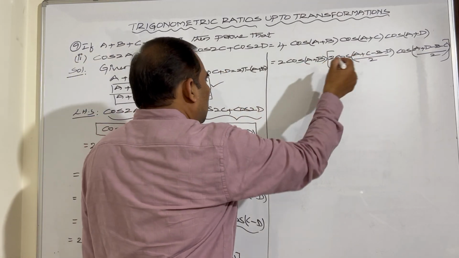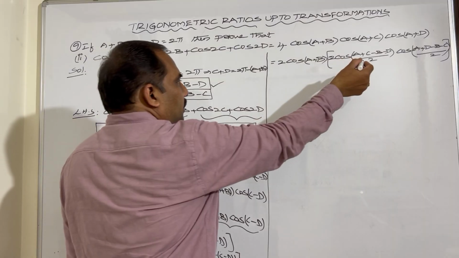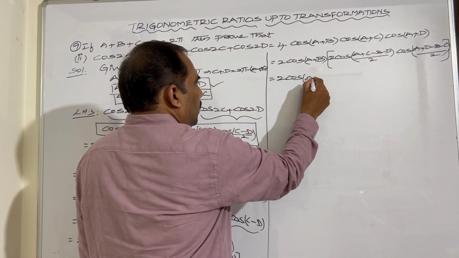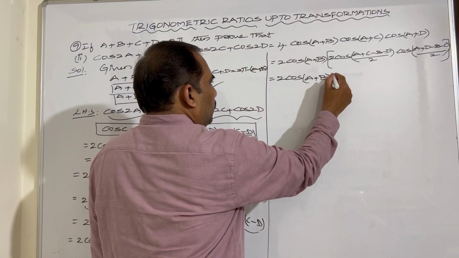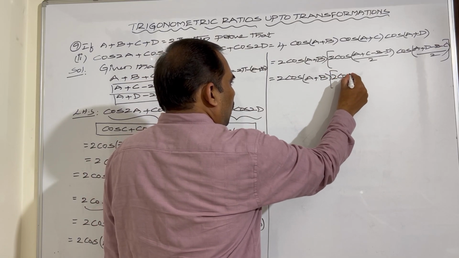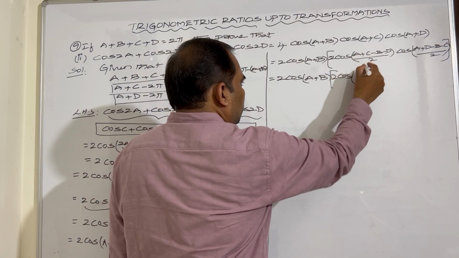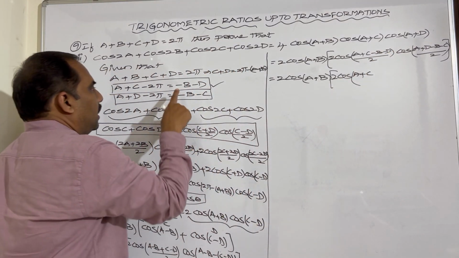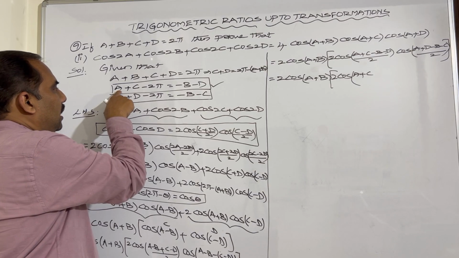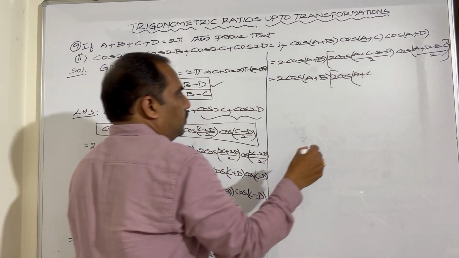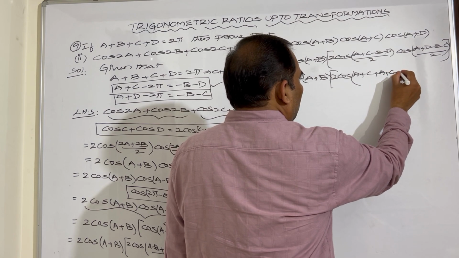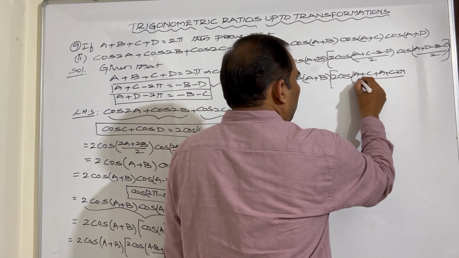Now in the first term, minus b minus d is replaced here. So 2 into cos of a plus b, into 2 into cos of a plus c, written as it is. In place of minus b minus d, we have to write plus a plus c minus 2 pi, whole divided by 2.